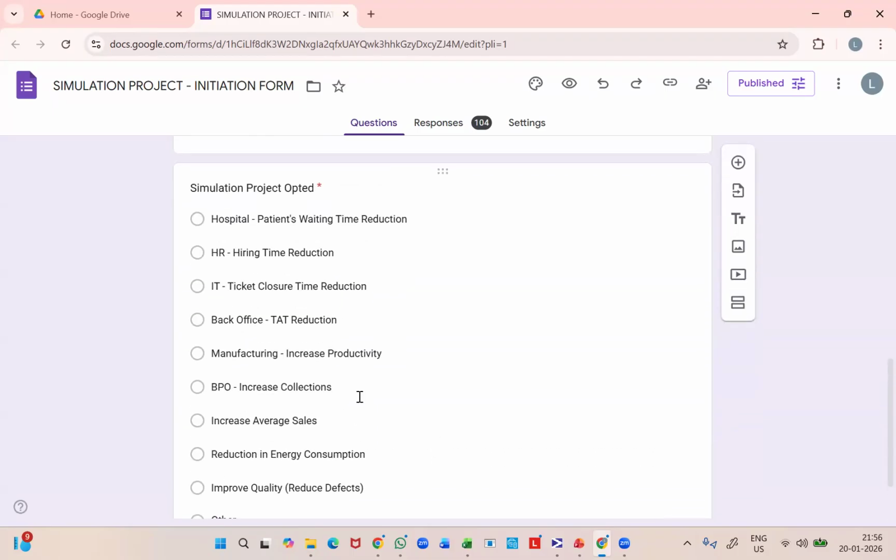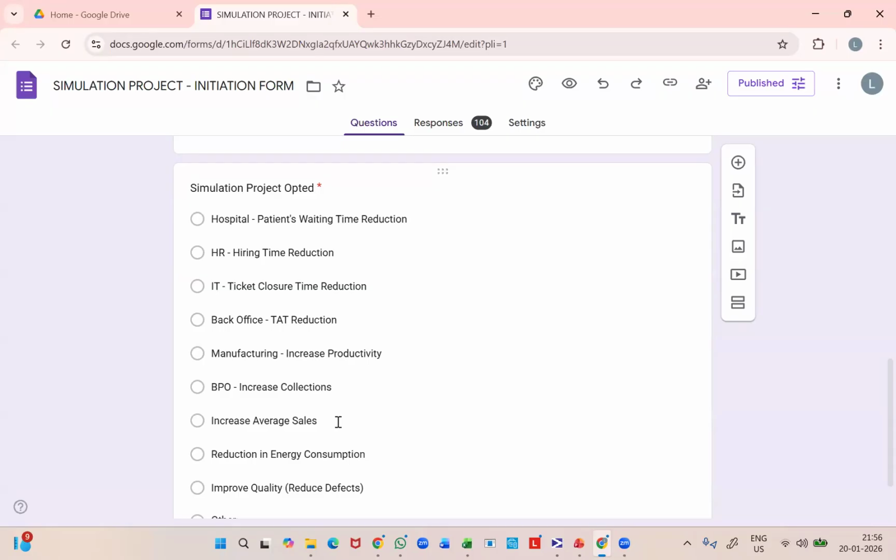Once you fill in this project initiation form, as I told you, we can also work on a simulation project. Simulation project means you can just imagine a problem area within your process and cook up some data around that problem area and arrive at the baseline performance of that CTQ metric.